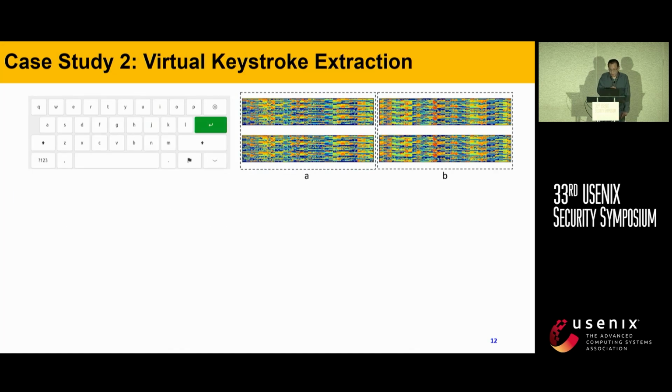In the second case study, we want to recover more fine-grained and sensitive information. To this end, we focus on the keystrokes made by a user on a virtual keyboard. When a key is pressed on a virtual keyboard, it exhibits some local visual effects like shading the surroundings of the key.